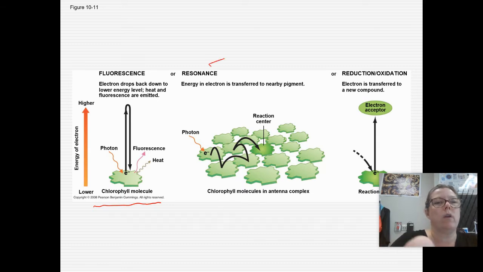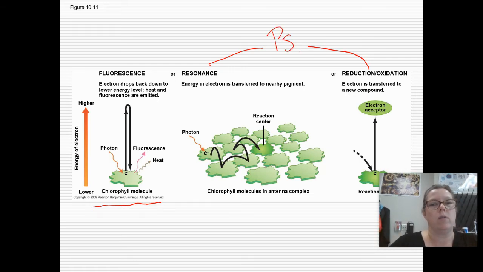Photosynthesis is going to involve this and this. I always abbreviate photosynthesis, PS, by the way. Photosynthesis involves resonance, where electrons get excited, and then the energy from that electron bounces to the next pigment molecule and to the next and to the next and to the next until they reach a reaction center.